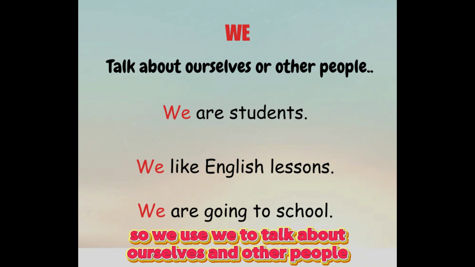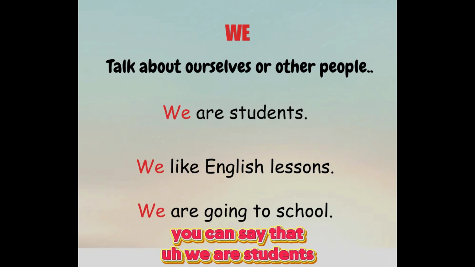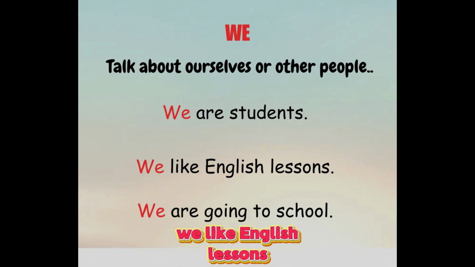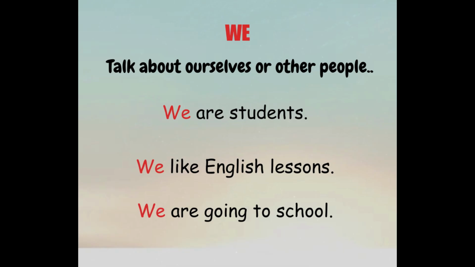So we use we to talk about ourselves and other people together. You can say that we are students. We are students. That means many. We like English lessons. Or you can say we are going to school.